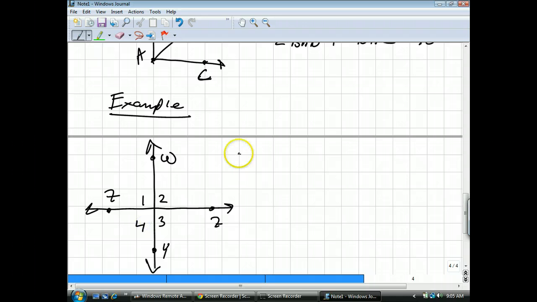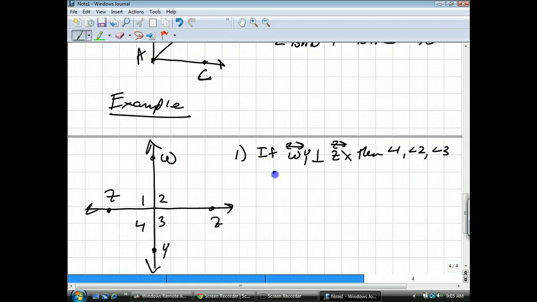Number 1: if line WY is perpendicular to line ZX, then angle 1, angle 2, angle 3, and angle 4 are right angles. What allows me to say that?